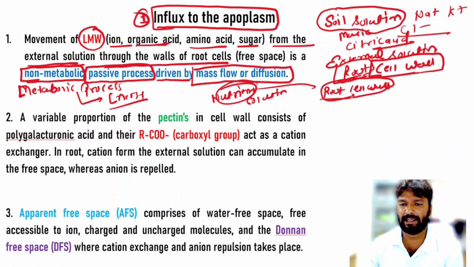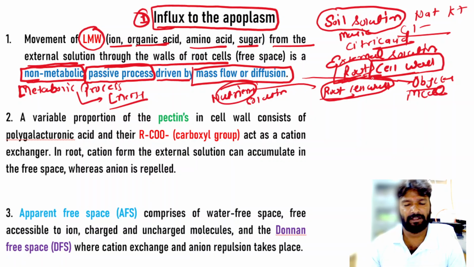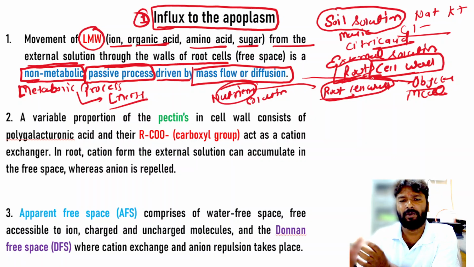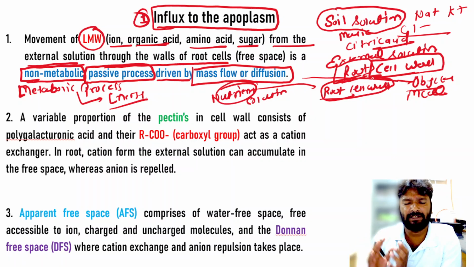So this question can be asked as an objective question or MCQ: the movement of ions from the soil solution to the root apoplasm is non-metabolic, passive, and driven by mass flow or diffusion.